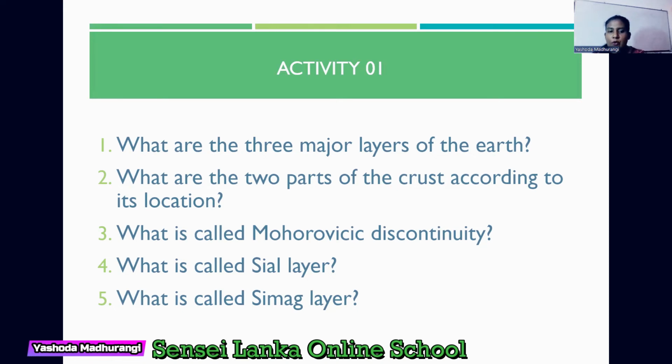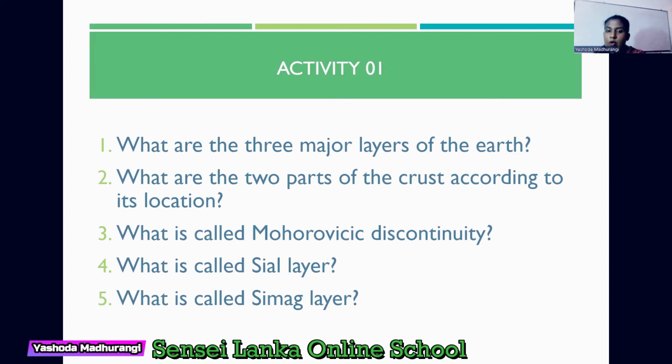Okay. Number 4. What is called SIAL layer? I told you. It is a layer of granitic rocks that can be seen in continental crust. It is made up of silica and aluminium. That is the SIAL layer. What is called SIMA layer? SIMA layer.